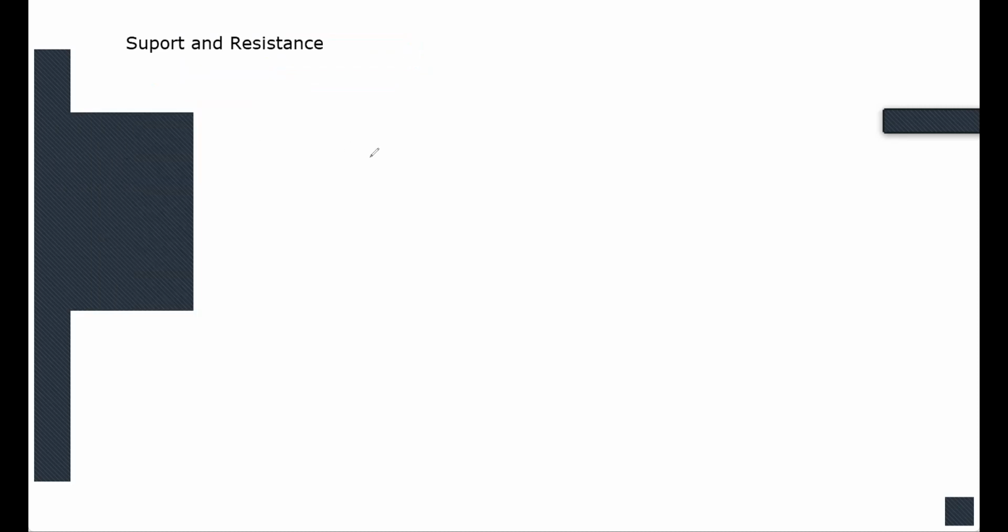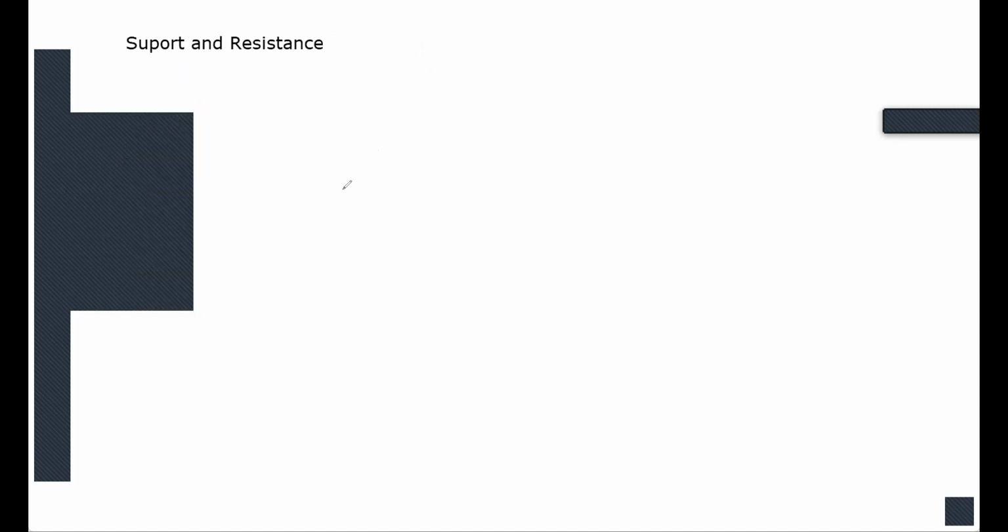So the first thing I want to cover with you guys real quick is support and resistance. And if I spell something wrong, y'all laugh at me. All right, support and resistance. If you have your notes, go ahead and put that down on your chart. I'm going to try to do this as quickly and as effectively as possible so you get the concept.